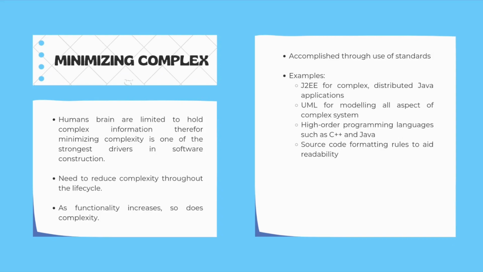Luckily, this can be accomplished through the use of standards. For example, J2EE for complex distributed Java applications, YAML for modeling all aspects of a complex system, high-order programming languages such as C++ and Java, and source code formatting rules to aid readability.